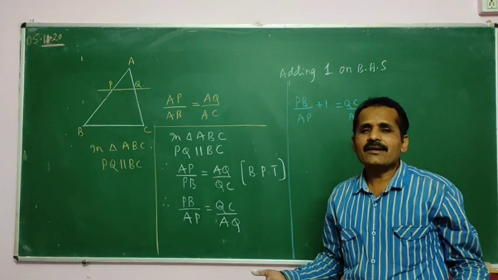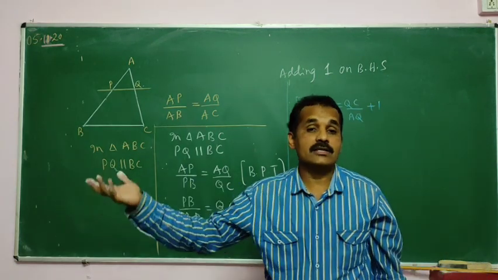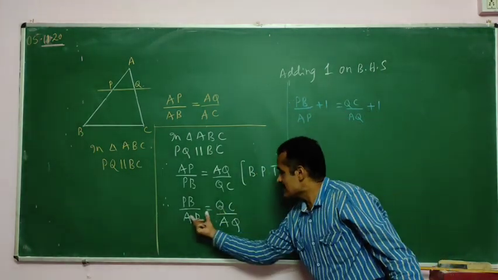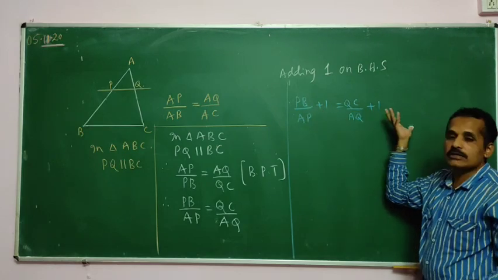I added 1 on both sides because you know that when equals are added to equals, the wholes are equal. It is the 9th class property studied in Euclid geometry.